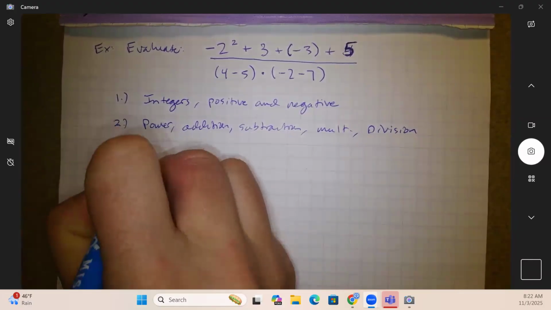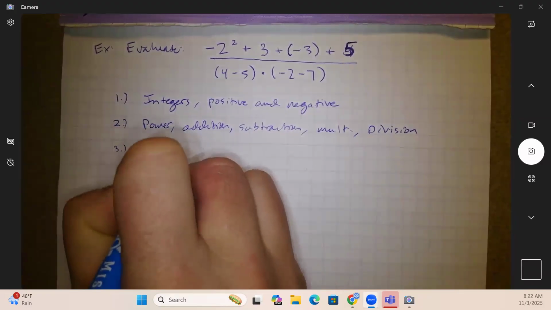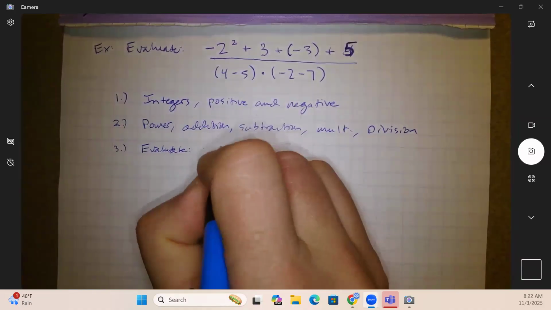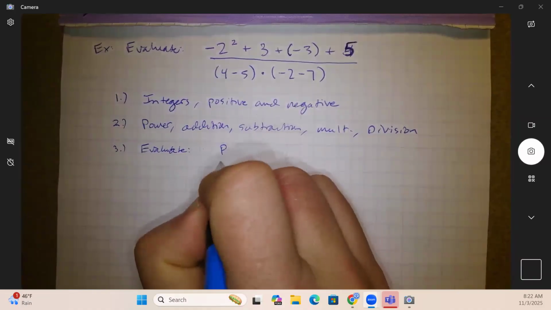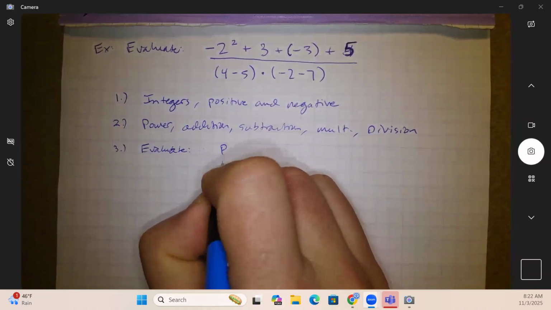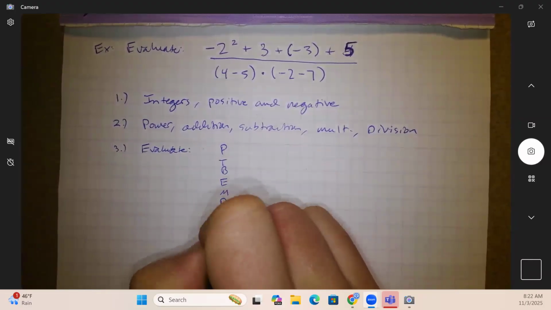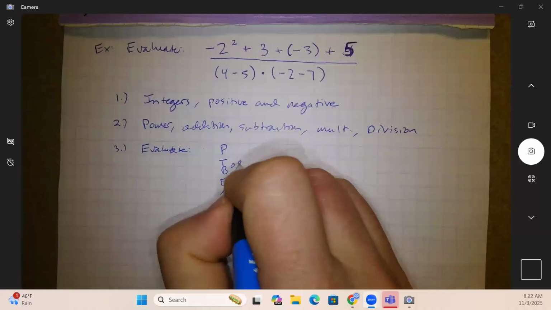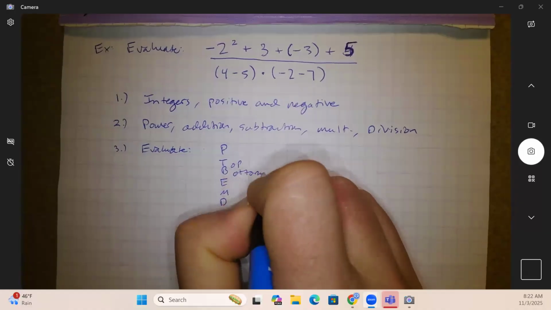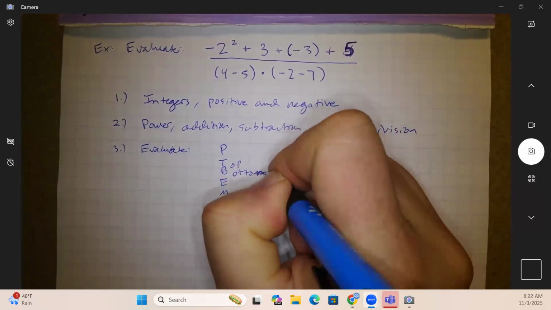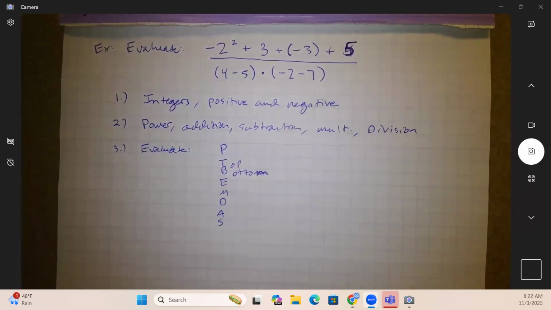And since I'm evaluating, I need to do PEMDAS, keeping in mind that it's not really just PEMDAS, but it's also remembering when you do PEMDAS, you do the top and the bottom separately before you worry about combining them.